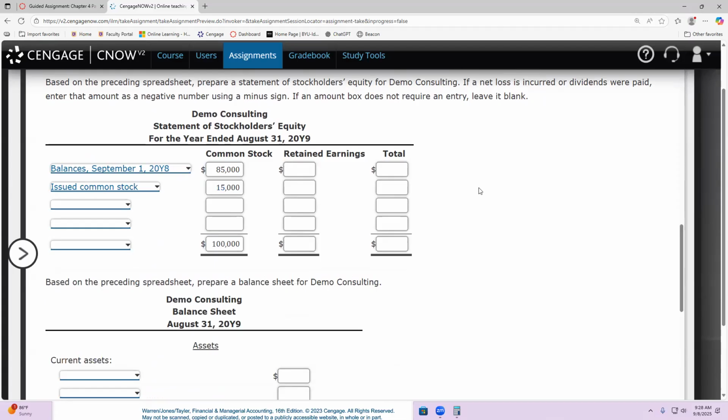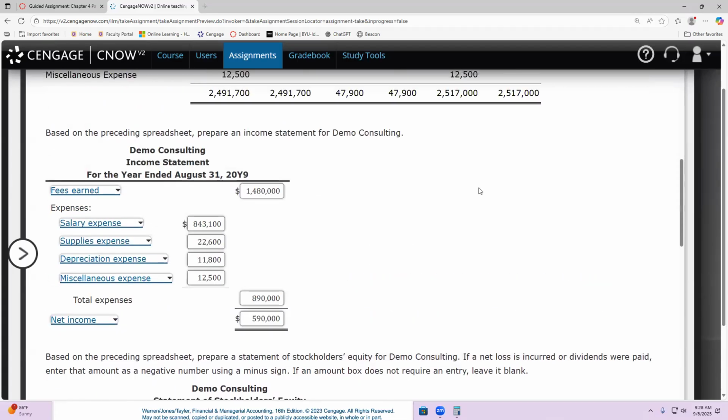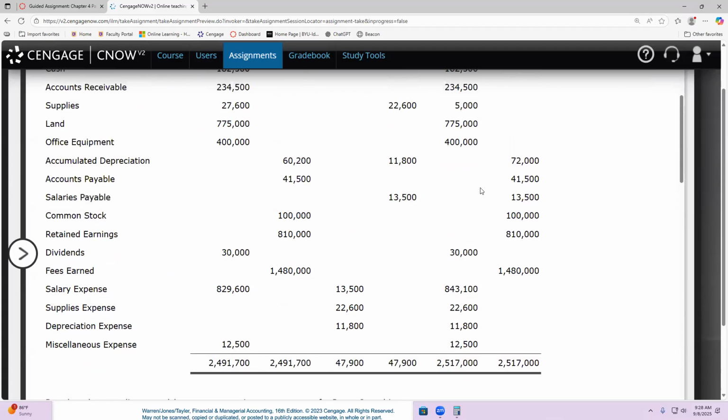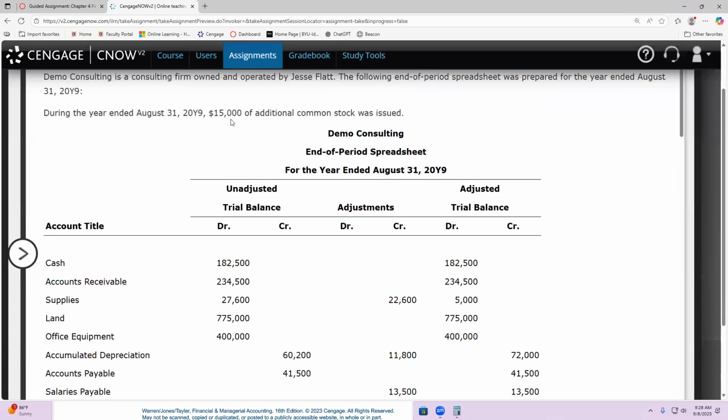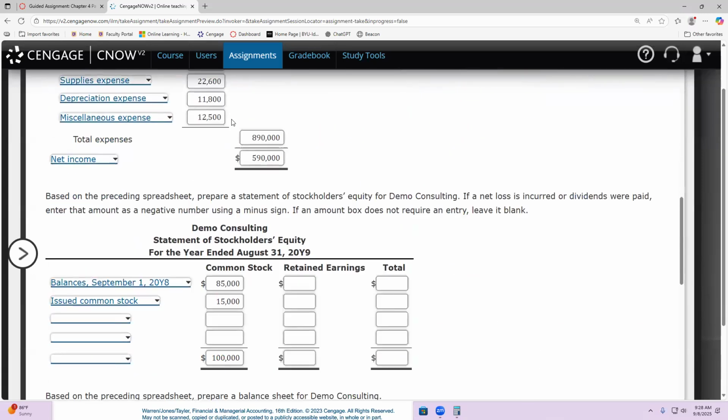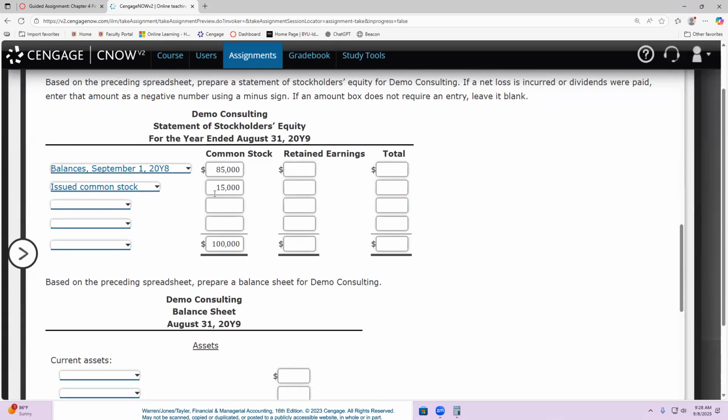Even though it says 100,000 on our trial balance, because 15,000 was issued during the year, we're going to say it started the year with 85,000, we issued 15,000, and now there's $100,000 in common stock.